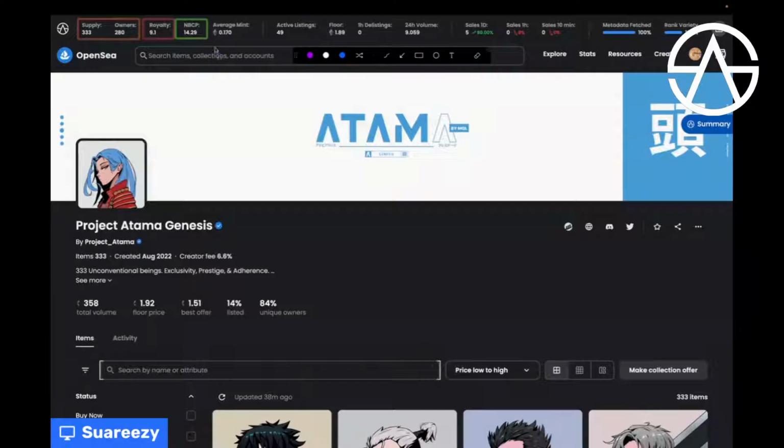You had Rare Pepes, which I talk about a lot, which was also a really good example of that, with the same pattern in the NBCP. So this measure is really interesting to look at, and we're always trying to make it a little more efficient as well.